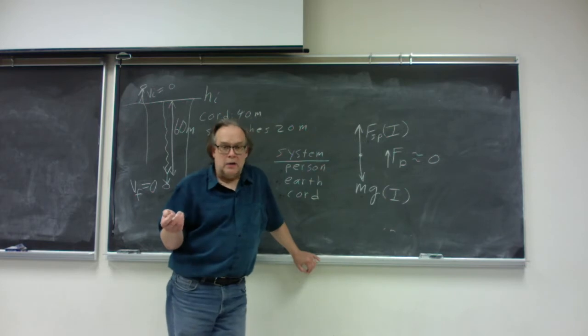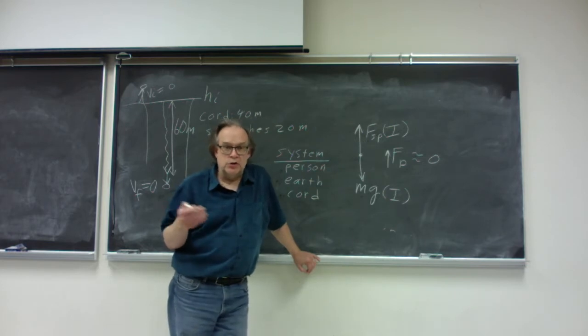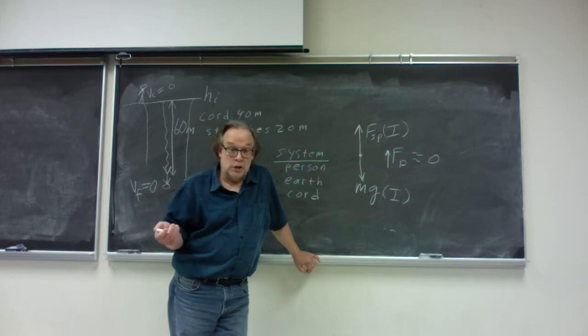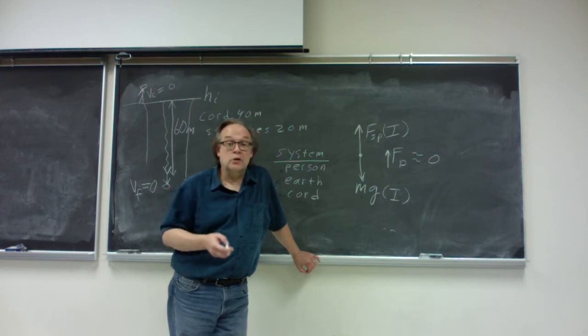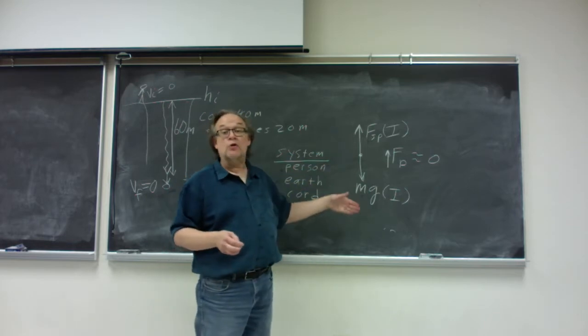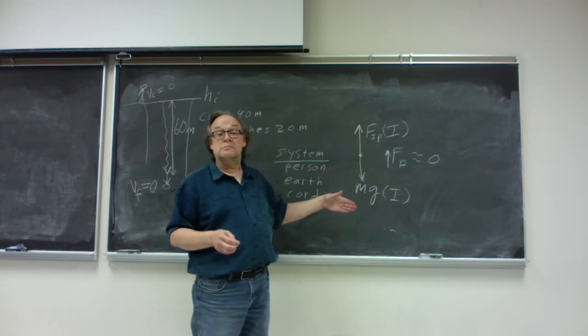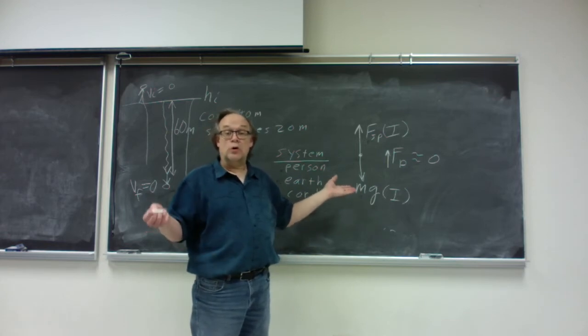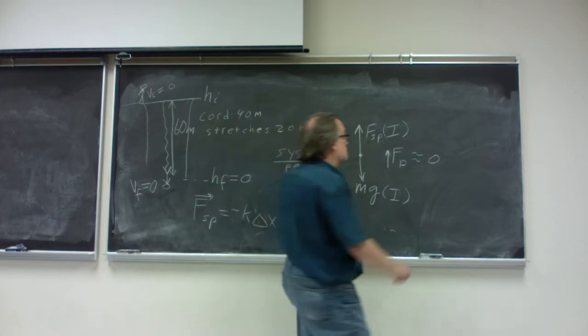Remember why we want to distinguish internal from external forces. We do that because work done by external forces, and only work done by external forces, will change the energy of the system. But in this case, there are no external forces, so there can be no work done by external forces.